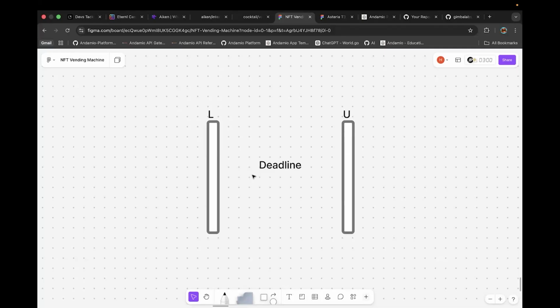That L and U stands for lower limit and upper limit of the validity range. So those are connected.